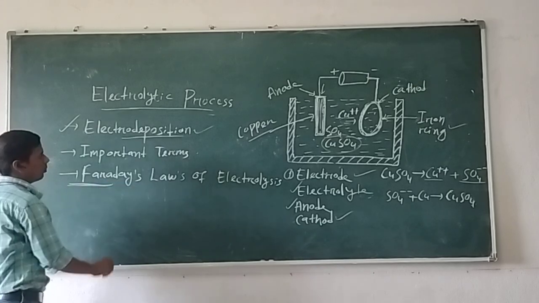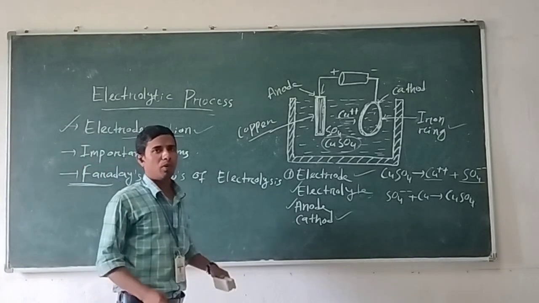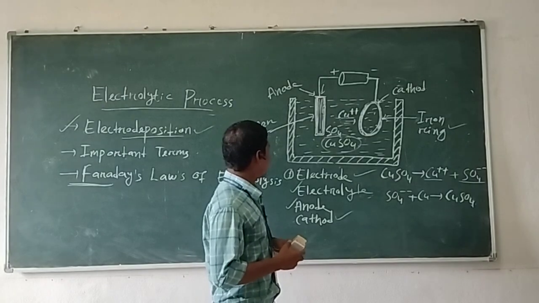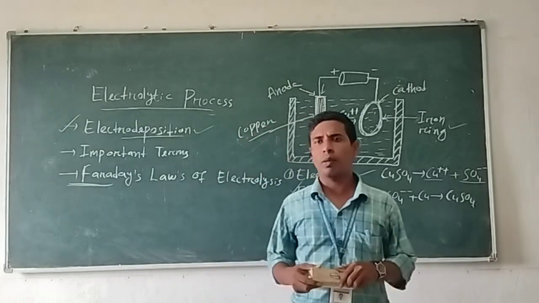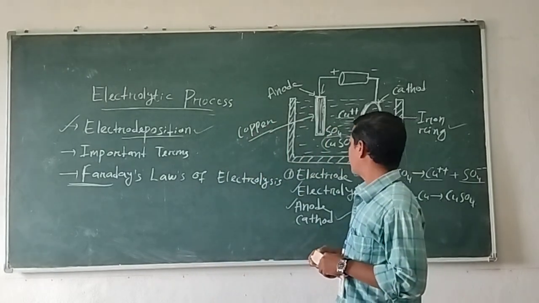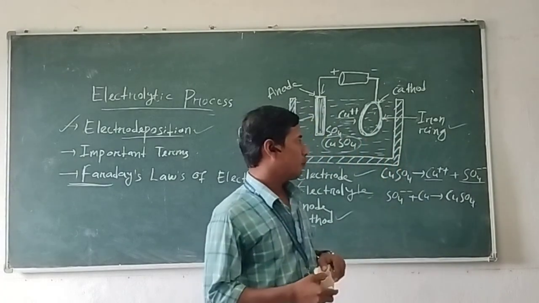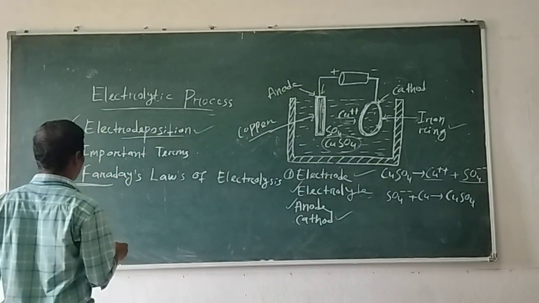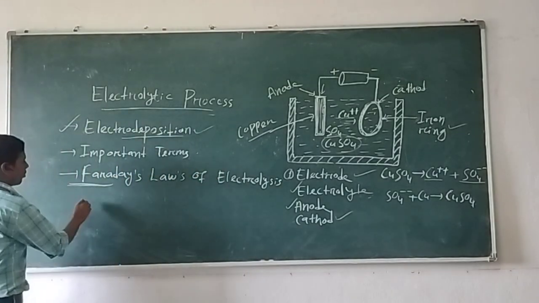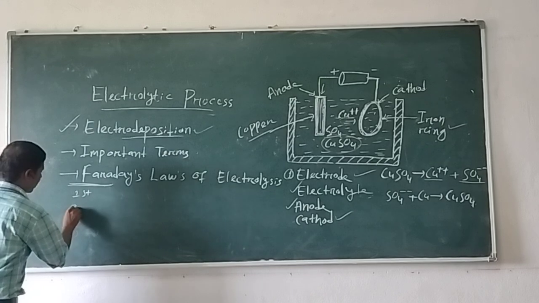Faraday's laws of electrolysis are very important laws, where the amount of deposition that takes place in the electrolysis process can be found easily by Faraday's first law. Faraday has two laws, the first law and the second law.